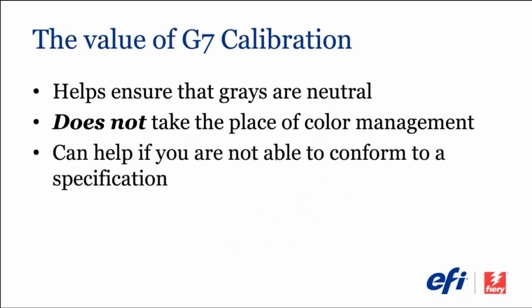But it can help if you're not able to conform to a specification. If a customer says, well, it's got to match this, but they pick a media that just really can't get you there. Usually it means the white point of the media is not accurate enough to the specification. Well, if you've done a G7 calibration, at least the neutrals look neutral and you've tried to do as much as you can for the color, and it can help, okay?